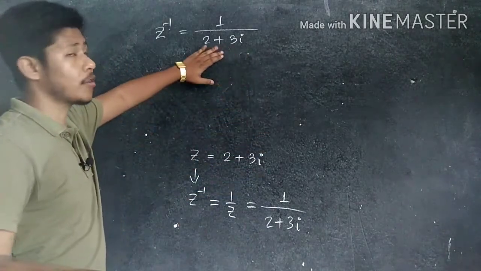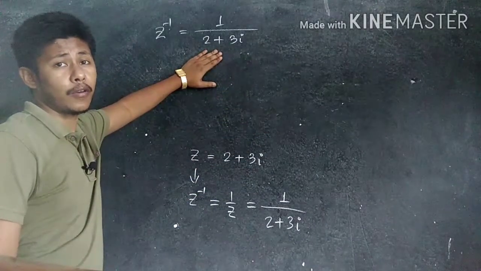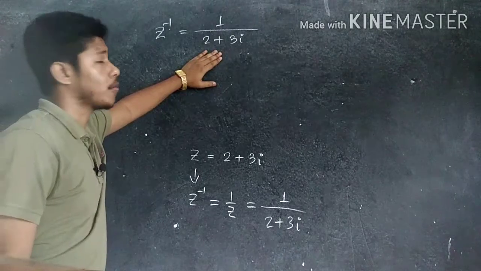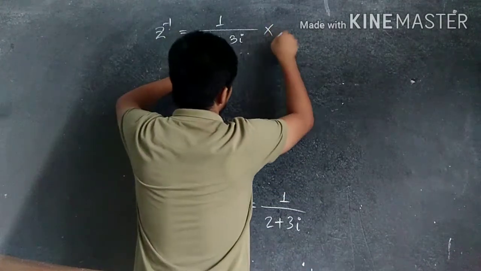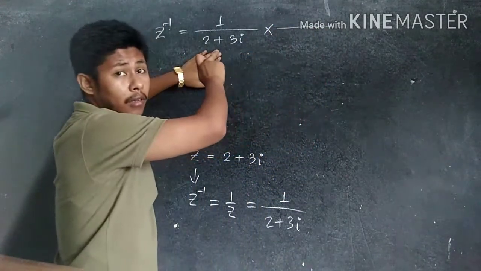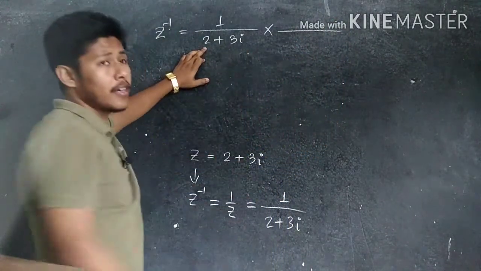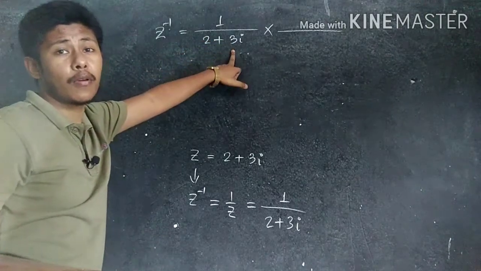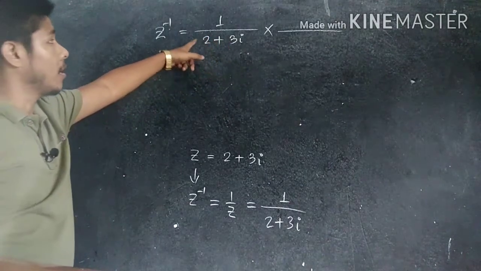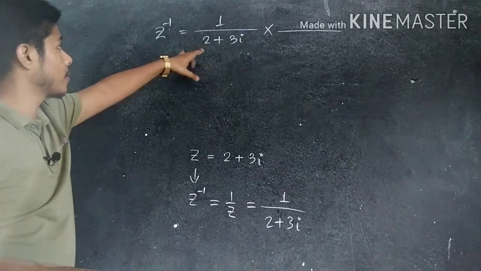To convert to a plus ib form, we have to multiply by the conjugate of 2 plus 3i. Later on we will discuss this more elaborately.